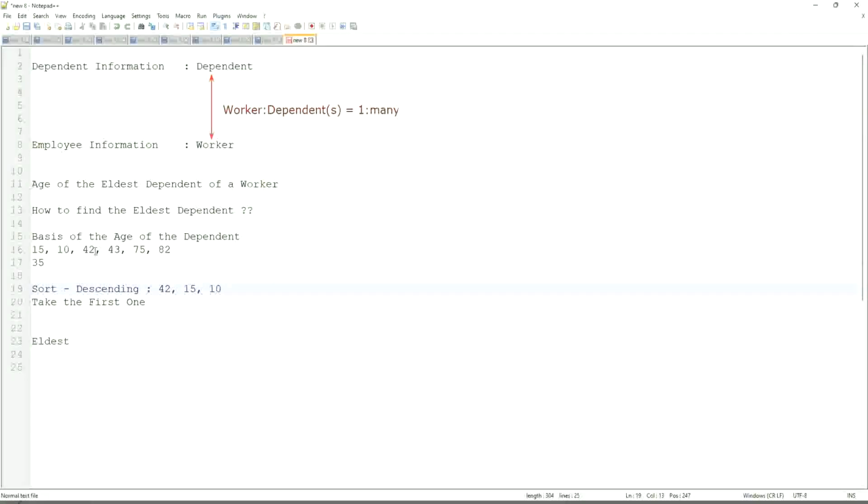Right. Only one problem is if there are multiple dependents with the same age. If there are only children as dependents, and there is a twin the same age, then it becomes difficult, but other than that it is more or less foolproof.